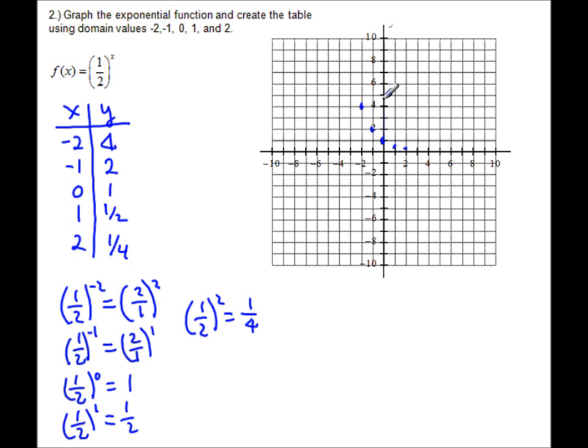And then what we want to do is connect it. And make sure we put arrows and realize we're getting really close to 0 here. Y equals 0, but we're not quite touching. And that completes the problem.